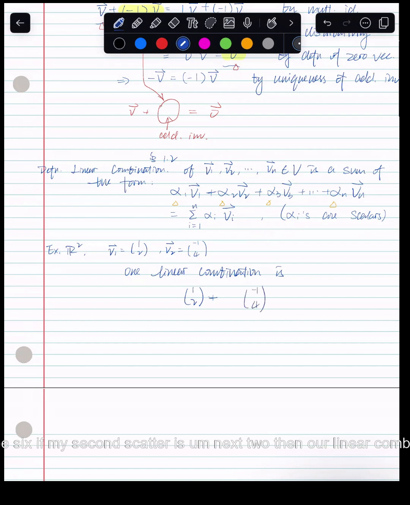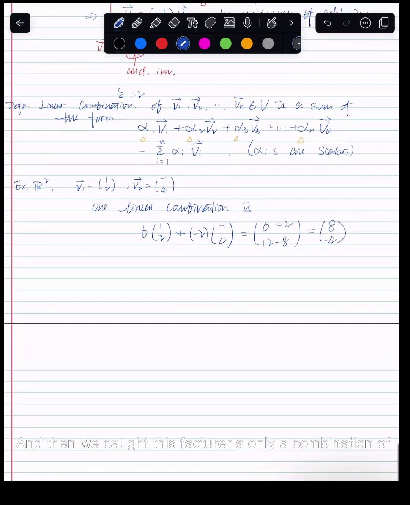For example, if my first scalar is 6 and my second scalar is -2, then our linear combination would be (6 - 2, 12 - 8), which is (4, 4).